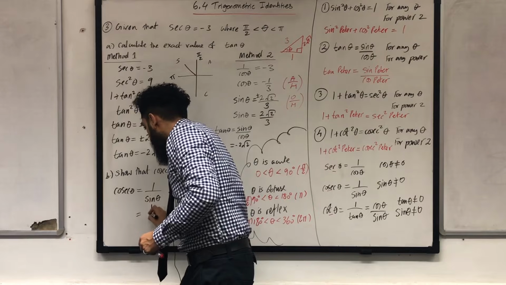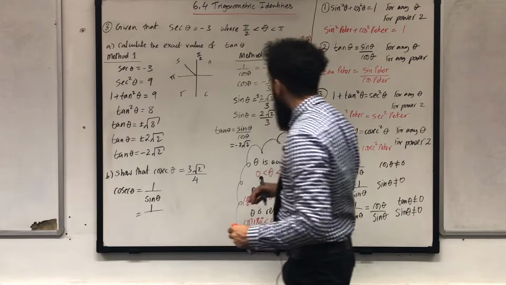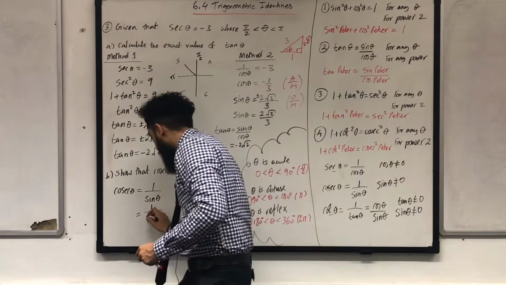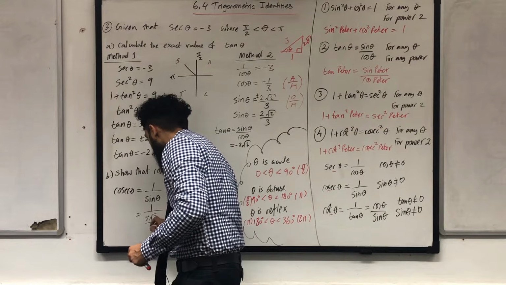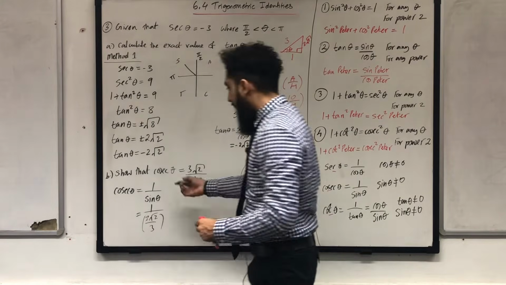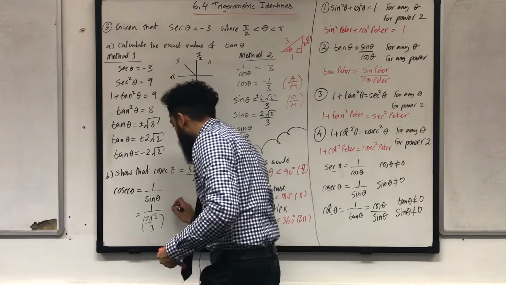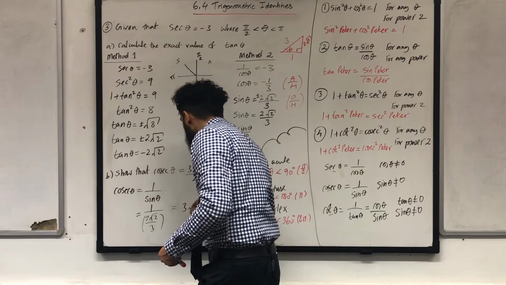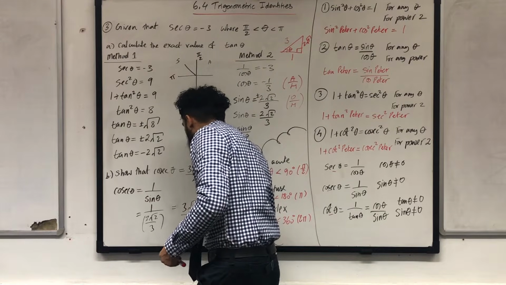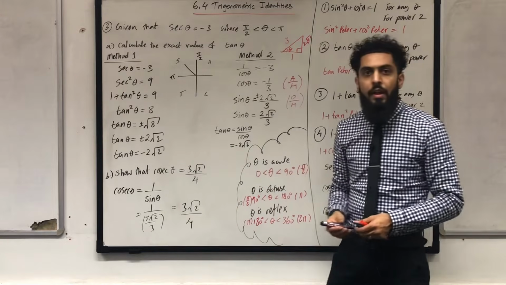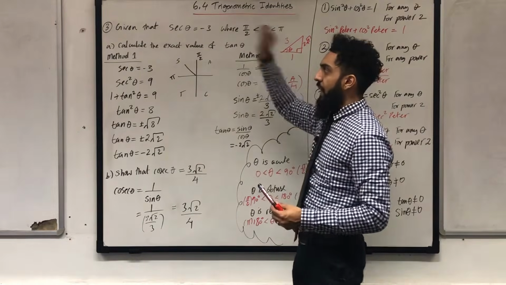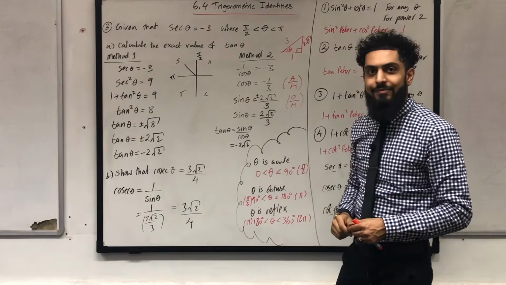So I substitute that in, so I get 1 over 2 square root 2 over 3. Okay, and if I actually simplify this, I obtain the value 3 square root 2 all over 4 as required. And that there completes question 3, ladies and gents.